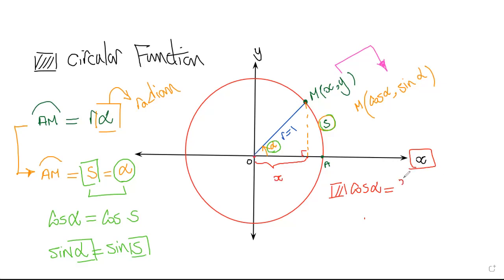Then we said that the cosine is a ratio. X over what? The hypotenuse. This is the hypotenuse. Am I right? Which is R. That's right. Because R is 1, it becomes just simply X. And also the same thing for the sine alpha, which is the opposite.